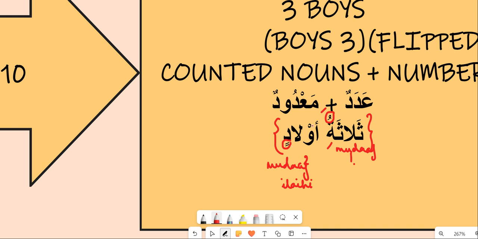Because the mudaf ilahi here has a kasratain. This tells us that the whole structure is nakira idafa. If it was a marifa idafa, for example, baitu al waladi. So this is a marifa idafa.